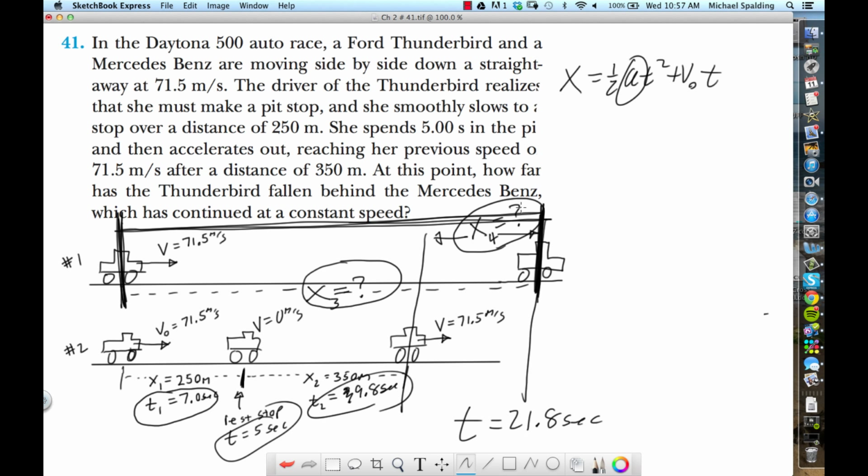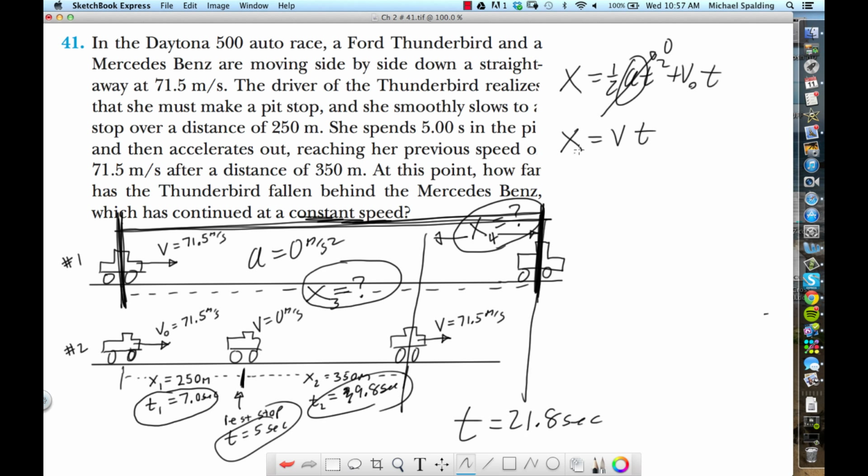What's the acceleration for car 1? 0. I didn't write that down, but how do we know that the acceleration for car 1 is 0? Constant velocity. Whenever you see the words constant velocity, let's see, where is it right here? Does it say constant velocity? Yeah, right here. Constant speed. Okay, constant speed is the same thing as 0 acceleration. So we're left with x equals v times t.